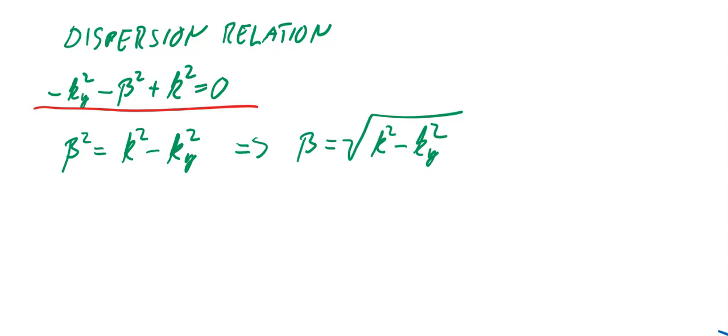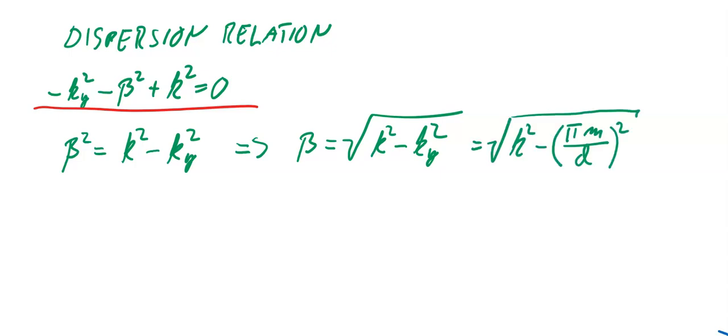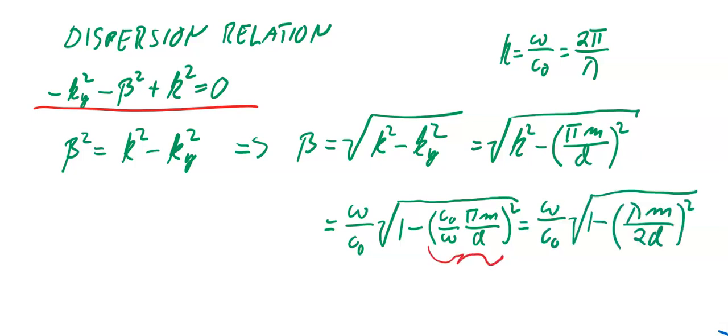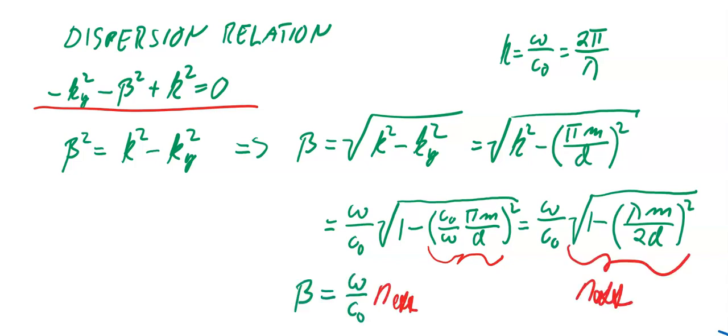And by inserting the transverse wave number, let's remember what is the wave number in general. If we take this out from the square root and once more rewrite this part, then we can write the propagation constant as where the effective index is defined by the square root expression.